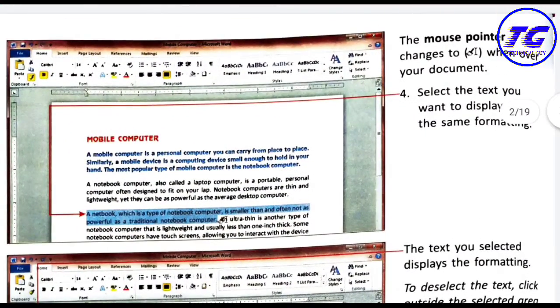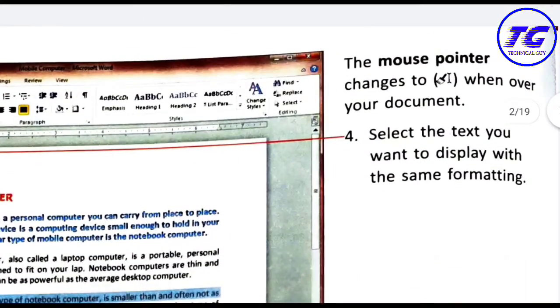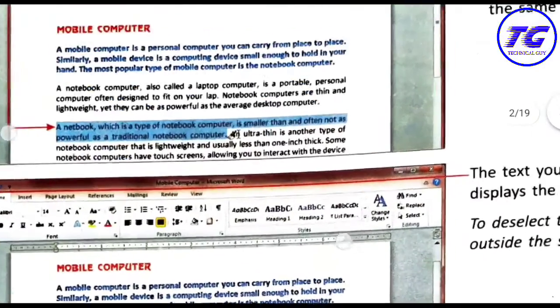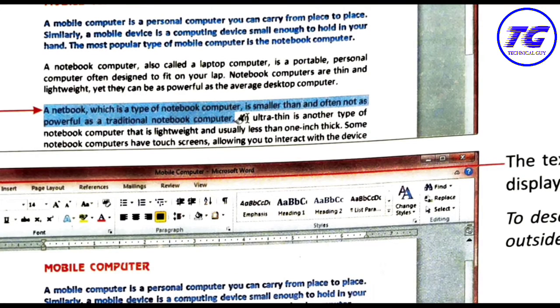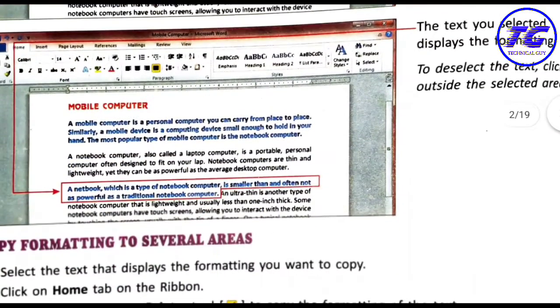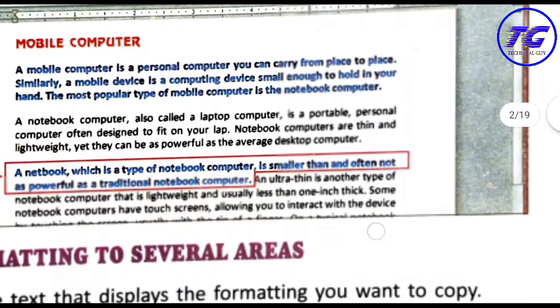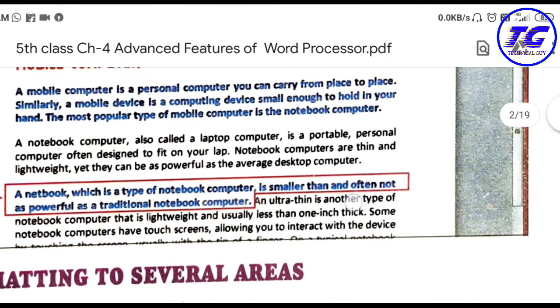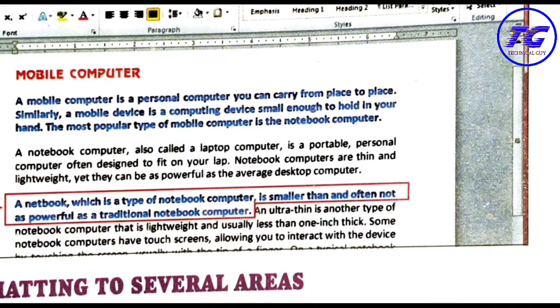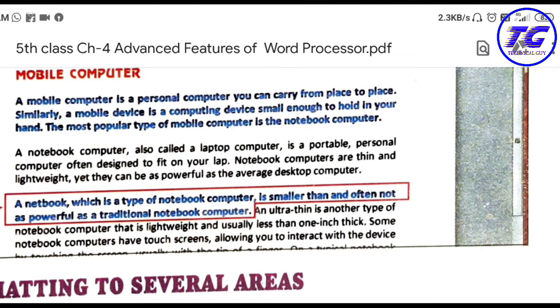Then, when you click on the Format Painter, the mouse cursor will change to a shape like a brush. After that you have to drag over the other piece of text, and then you will see that the format of the first paragraph and the format where you dragged the Format Painter have become the same.